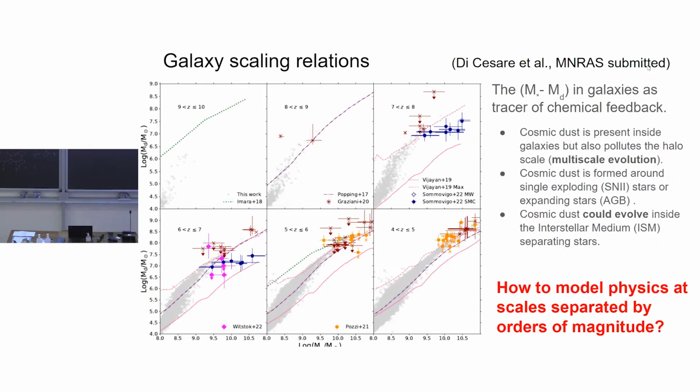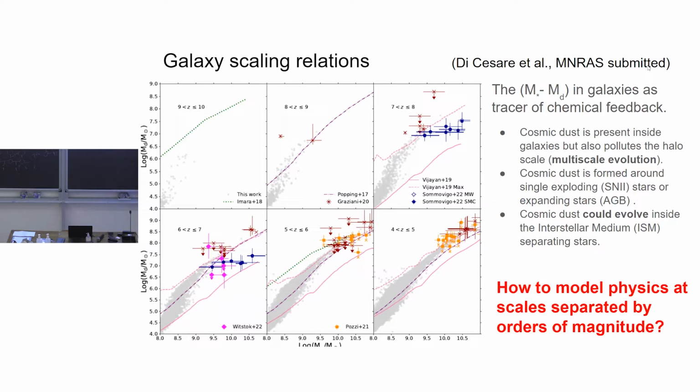So all these feedback processes can be tested in other relations. Here, for example, I show the stellar mass. We always start with the stellar mass because it's the component which makes a clump of gas a galaxy. If you don't have stars, it's difficult to talk about a galaxy. And we connect the stellar mass with the dust, which means: are the stars that you produce in your galaxies capable of producing the right amount of dust?